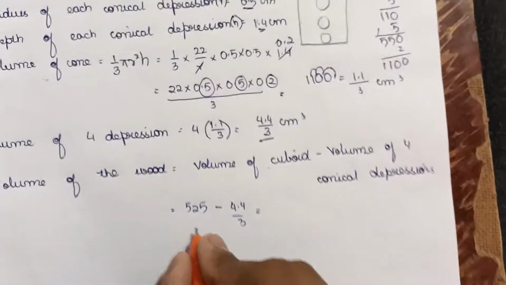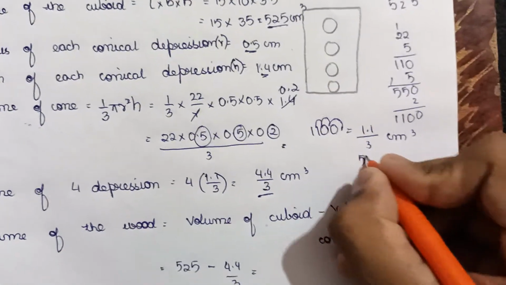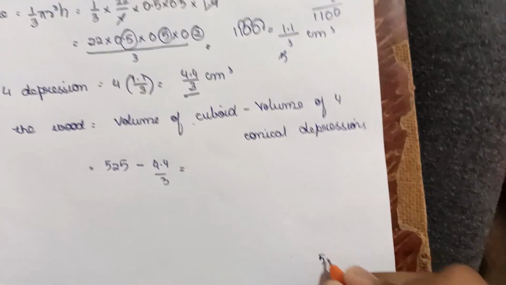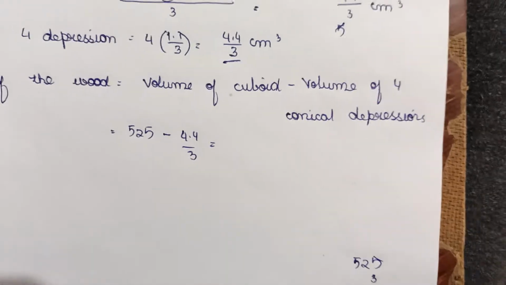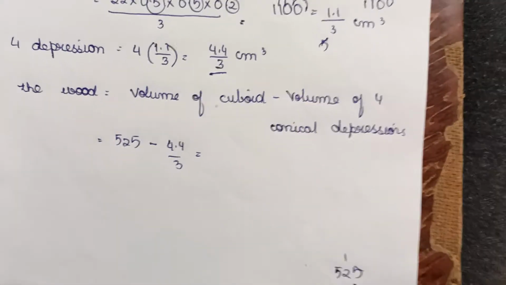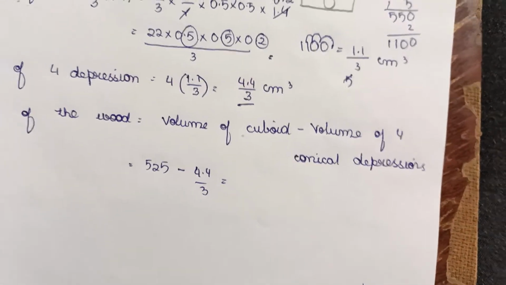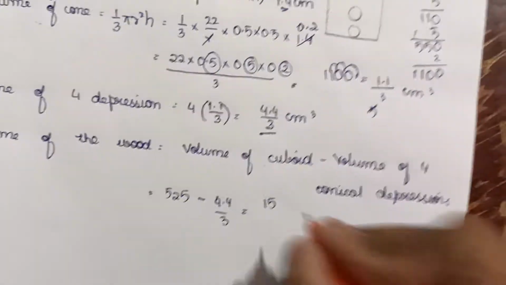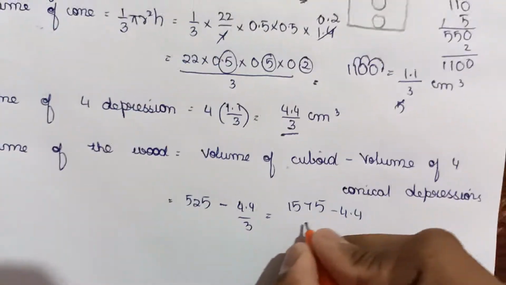So let's first take the LCM, that's 3. Let's do some rough work here. 525 into 3: 3 5s are 15, 3 2s are 6 plus 1 is 7, 3 5s are 15, that's 1575 minus 4.4 by 3.